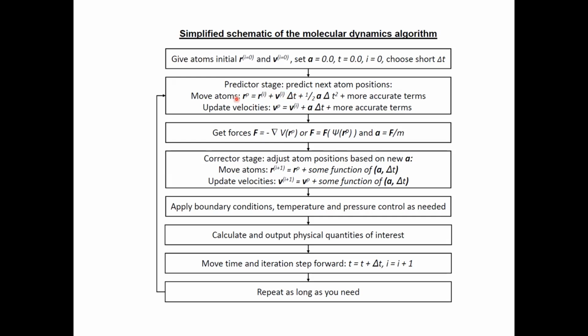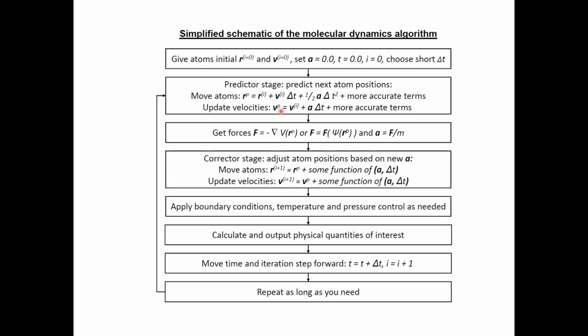To get the new position, you take your current position and add the product of your velocity times the change in time, plus one half times the acceleration times delta t squared, and that gives you a set of new positions.